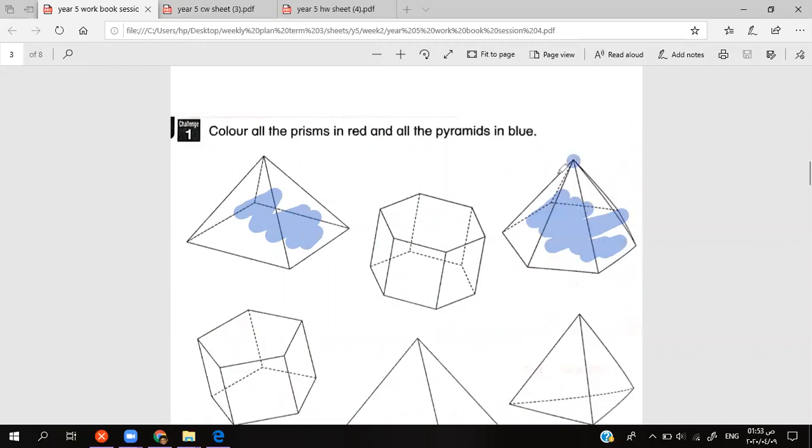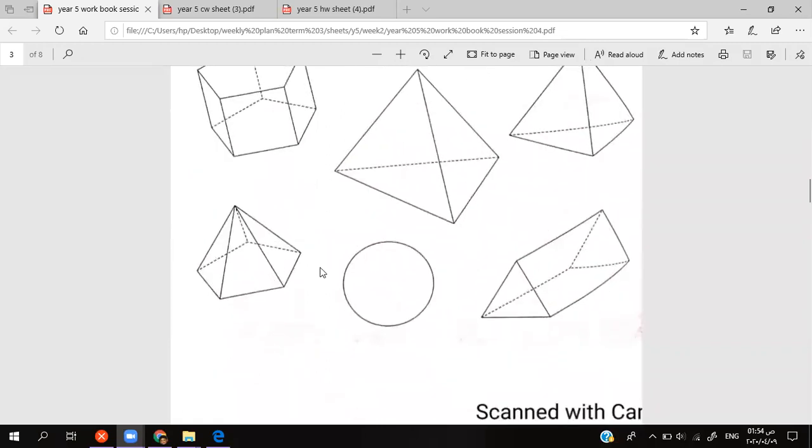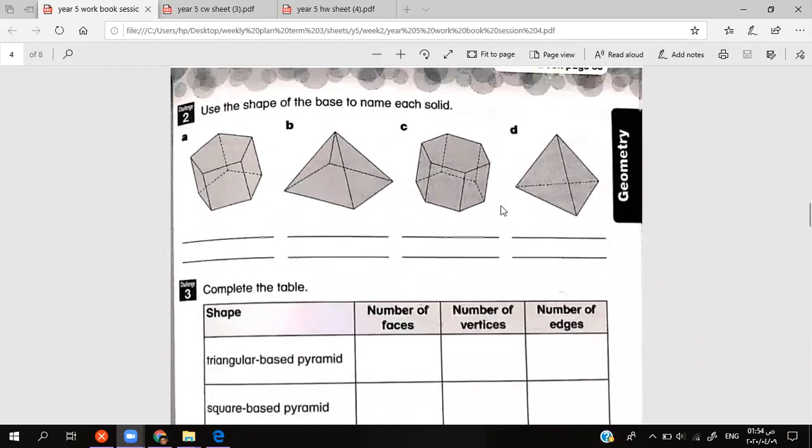An apex is like a peak or a tip. This is also definitely a pyramid. A pyramid. A pyramid. What about this? This is not a pyramid nor a prism. It's a circle.